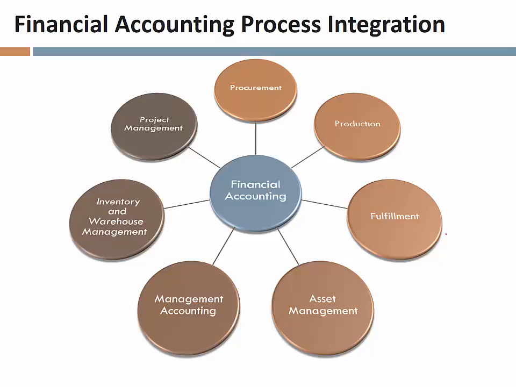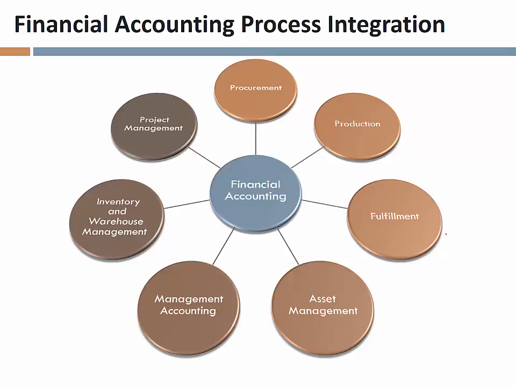Asset management, I think we talked about before. One of the key things we do with assets in terms of financial accounting is depreciation. And so that will be something we will talk about. You'll notice management accounting listed here, and that's because management accounting will get its data from financial accounting.